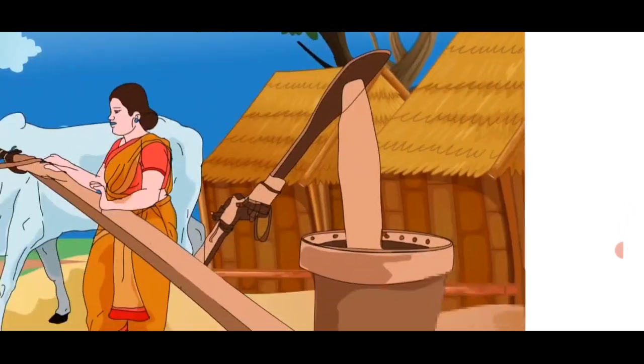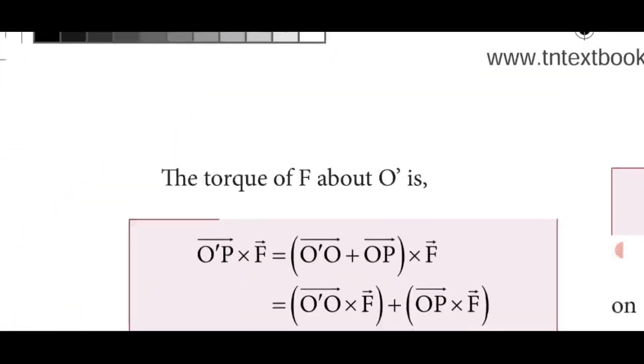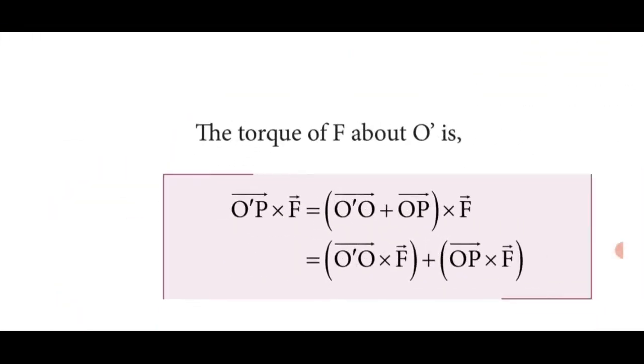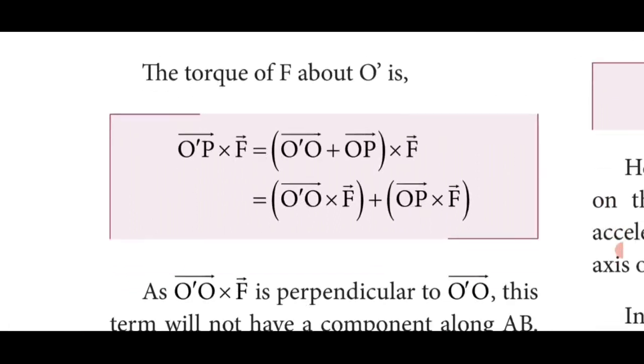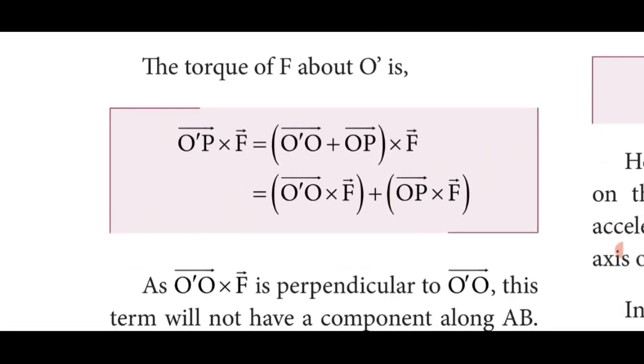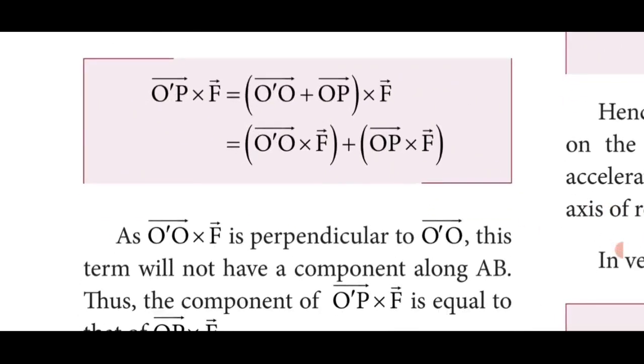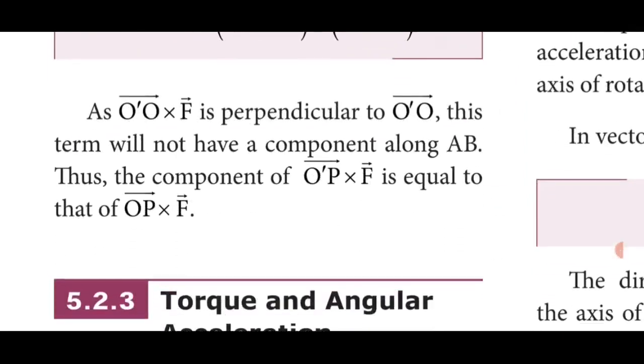The torque of the force F about O is OP cross F, which is equal to O dash O plus OP cross F, that is O dash O cross F plus OP cross F.